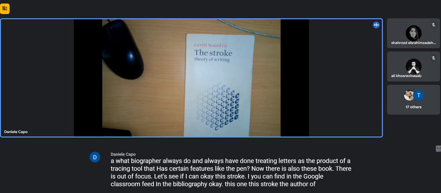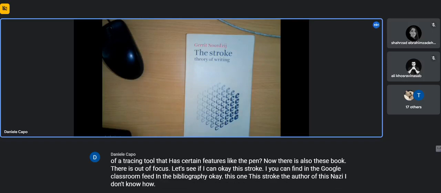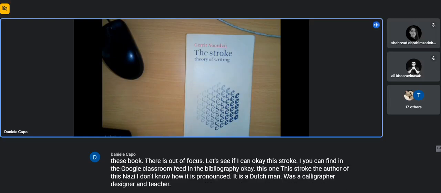The author, Noordzij, I don't know how it is pronounced, is a Dutch man who was a calligrapher, designer, and teacher of typography.